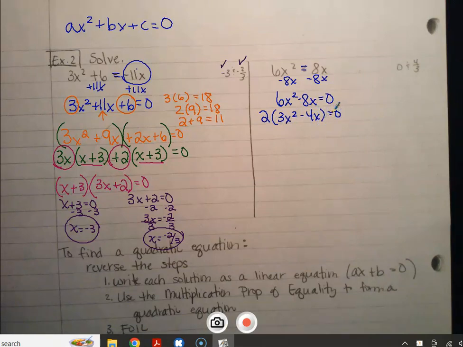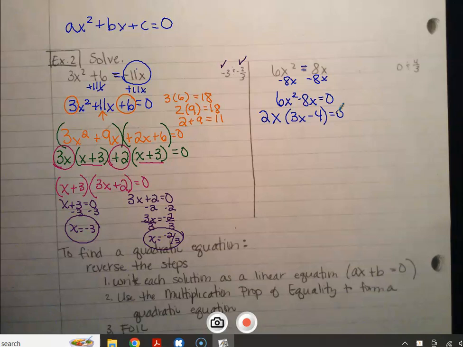We could have taken an x out, couldn't we have? A 2x. So let's get in there and take out the 2x. This will leave us with 3x minus 4 equals 0.